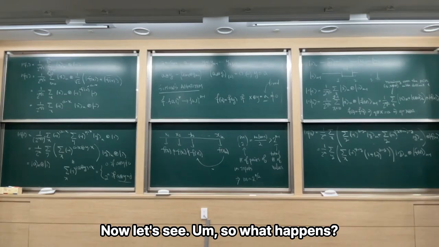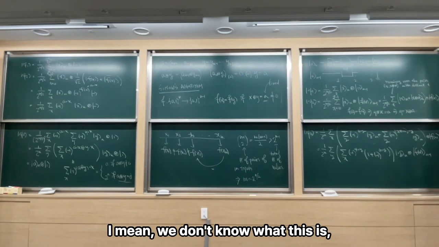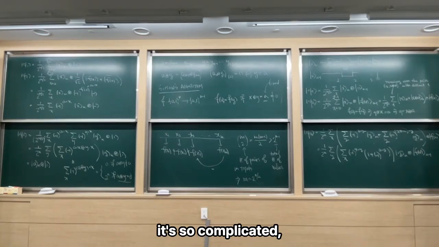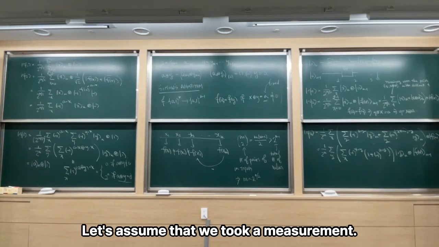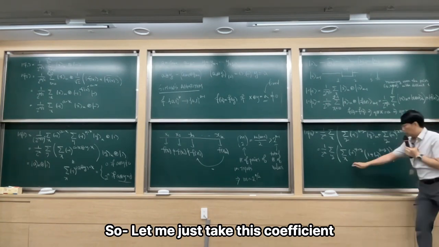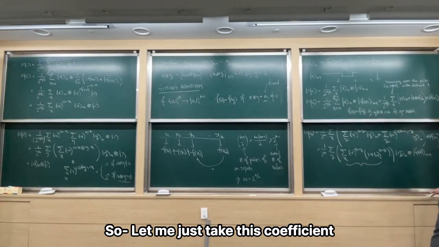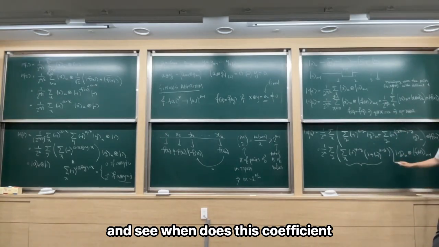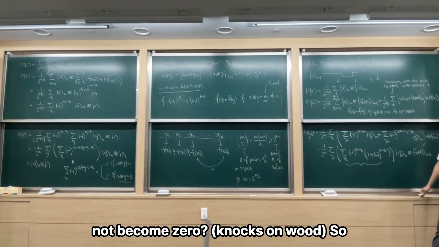Now let's see what happens. We don't know what this is. It's so complicated, so let's take a measurement. Let's assume that we took a measurement. So we got something, and what does it infer? Let me take this coefficient and see when it does not become 0.